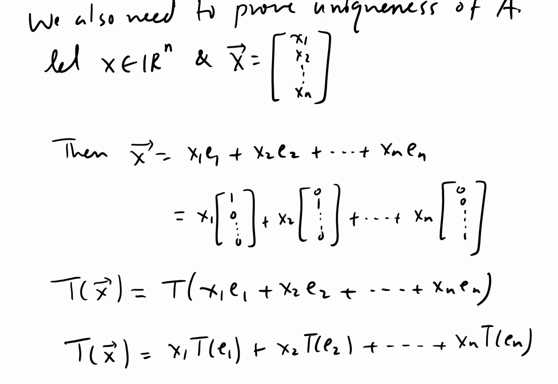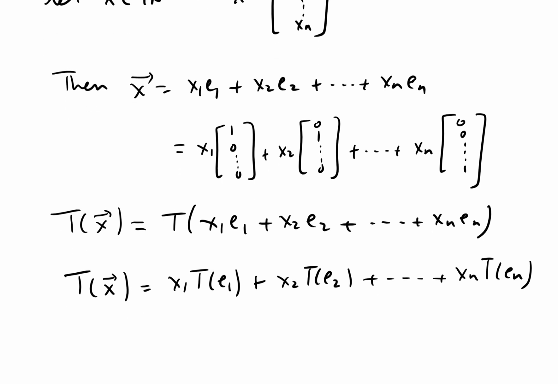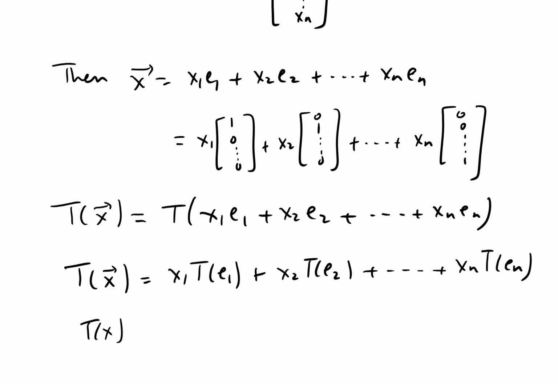And what is this? What I just got on the right side is basically A times x. So if you take the matrix A with components T of E1, T of E2, all the way to T of En, and the x's, x1, x2, all the way to xn coming from x, you get exactly what we need.